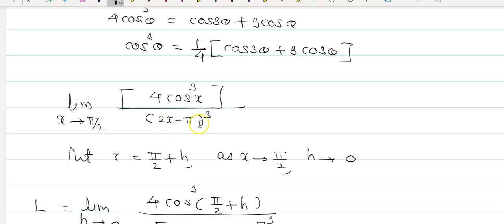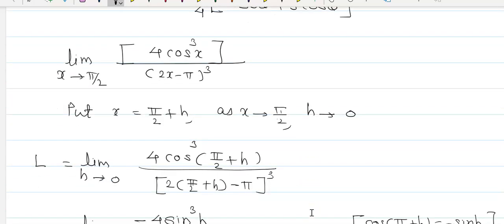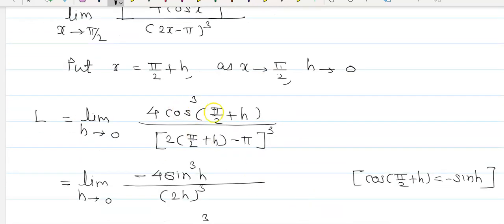And the value of 2x minus pi is 2 in bracket pi by 2 plus h minus pi, bracket cube. And that's why you will get cos cube of pi by 2 plus h, which is minus sin h. But it has a cube sign, that is minus into minus into minus. Overall, it will become minus 4 sin cube h upon.